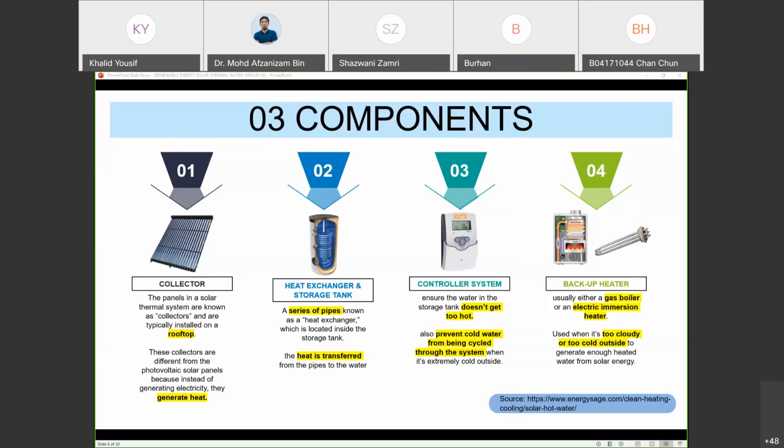We also have a control system to ensure the water in the storage tank doesn't get too hot and to prevent cold water from being cycled through the system when it's extremely cold outside. And lastly, we have a backup heater, usually either a gas boiler or an electric immersion heater. It is used when it's too cloudy or too cool outside to generate enough heated water from the solar energy.